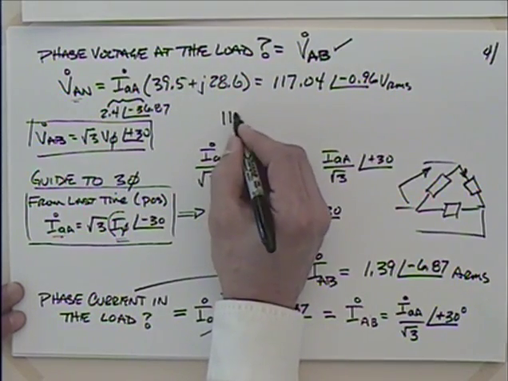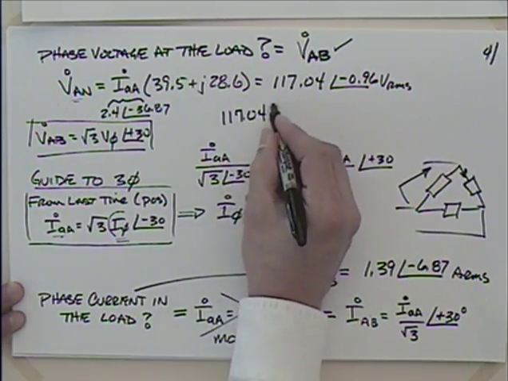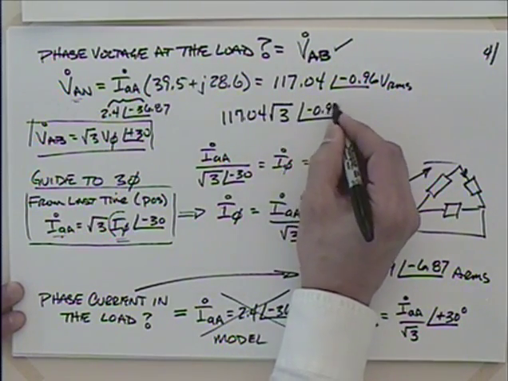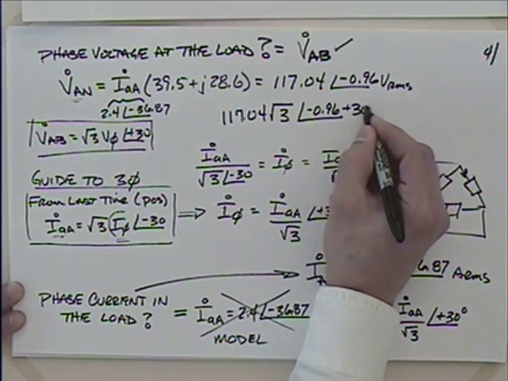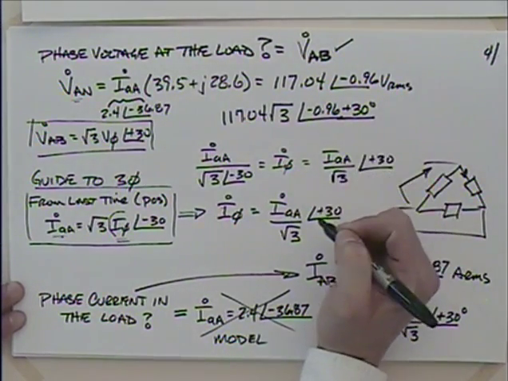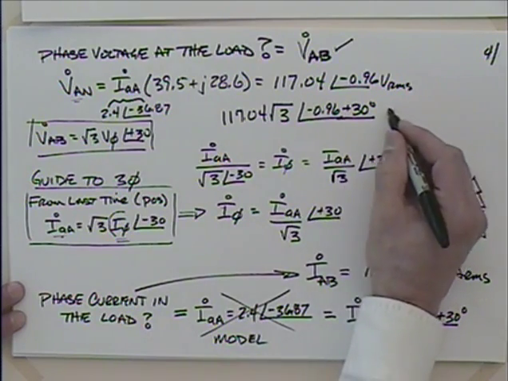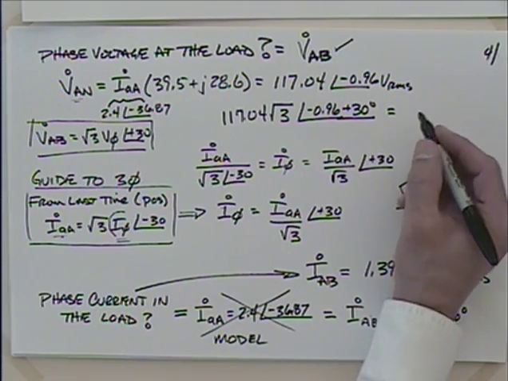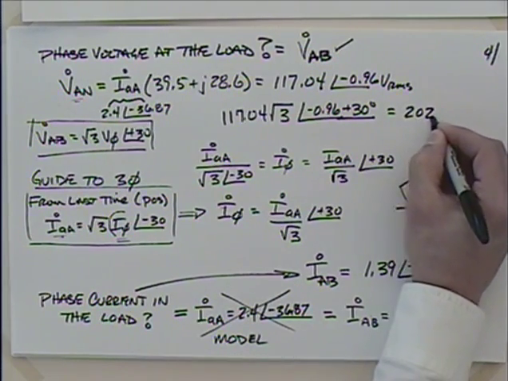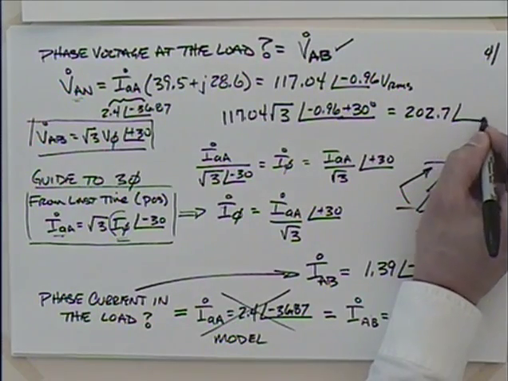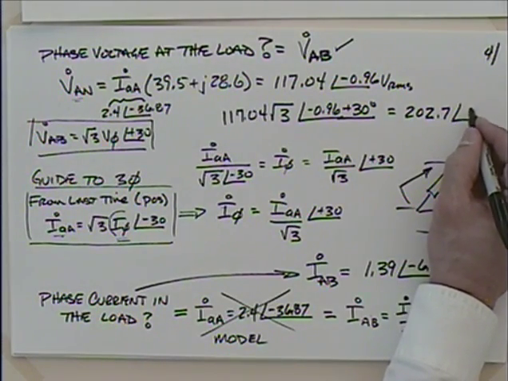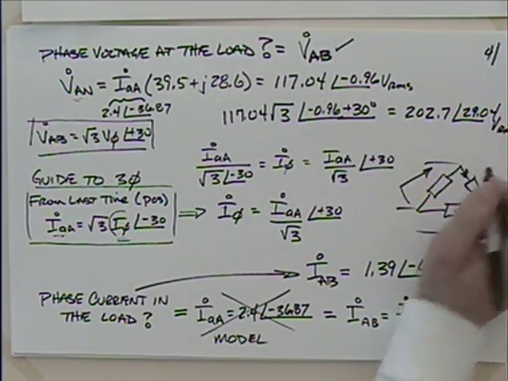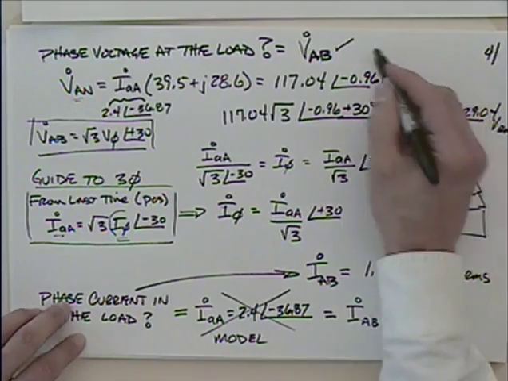I'm going to take 117.04 and multiply it by the square root of 3, and then I'm going to have minus 0.96 plus 30 degrees, which gets me about 202.7 at an angle of 29.04 volts RMS. So that's what AB is right there.